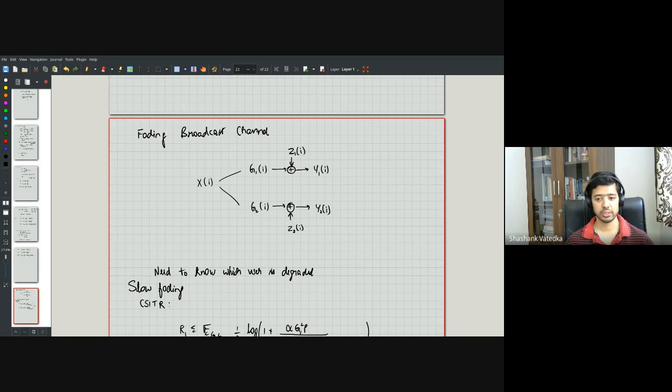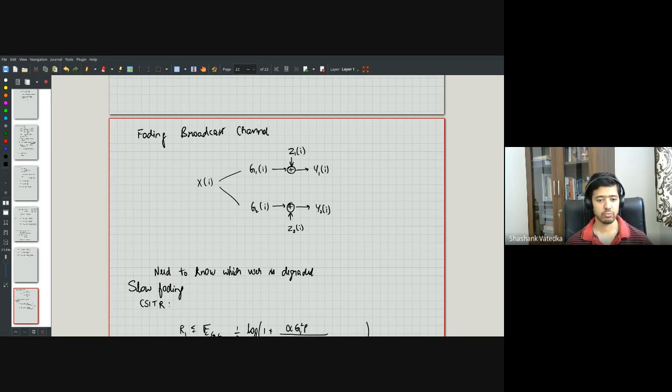There's a notion of outage capacity, and you can compute the outage probability and outage capacity, and also the rate regions can be computed. All of these depend on whether you know the channels, and the achievable rate region, or the best that you can do, depends on how much information both the transmitter and the receiver have.